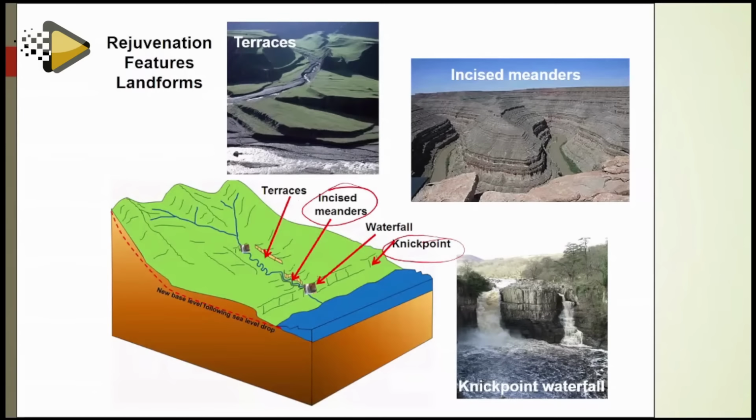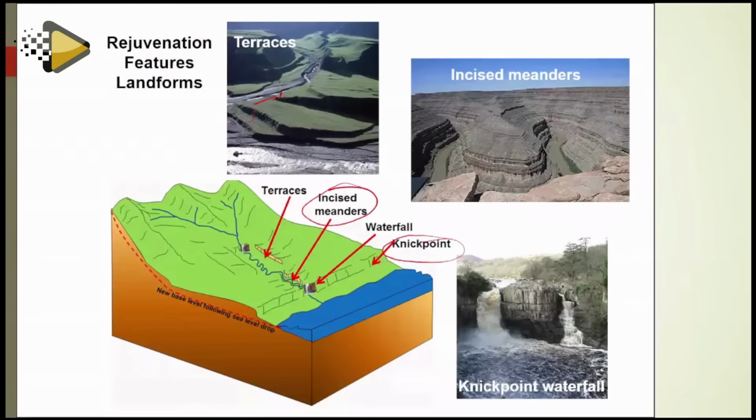A trench is a hole. So this is a meander in the hole. So the evidence of river rejuvenation is an incised meander or entrenched meander. And then you can see now we have terraces, meaning that the river valley was at this point, then it came to that point, then it moved to that point. So it is terraces.